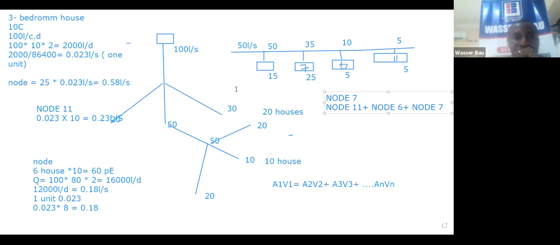Just like here you have node 7 attached to node 5 and node 10, you can see that the total demand becomes 35, which is 5 plus 5 plus itself, and that gives 35.